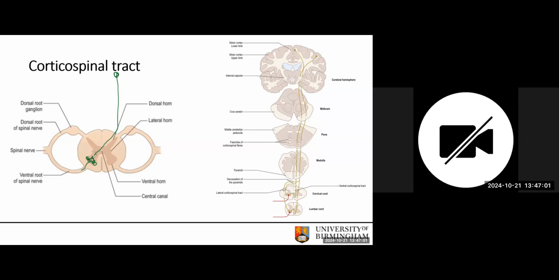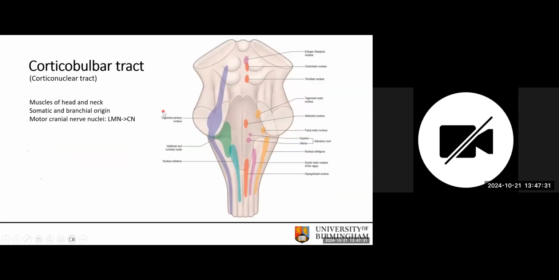So this is the cell body of the lower motor neuron. And then this axon of the lower motor neuron will go in the spinal nerve. And that is known as the ventral root. So that is taking motor information.